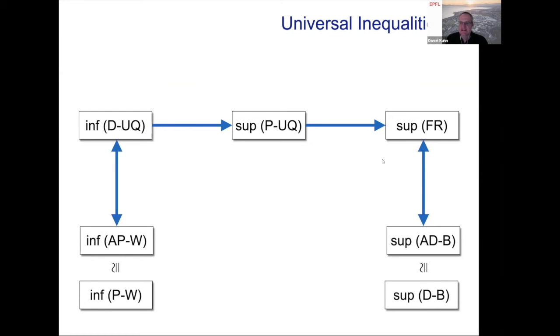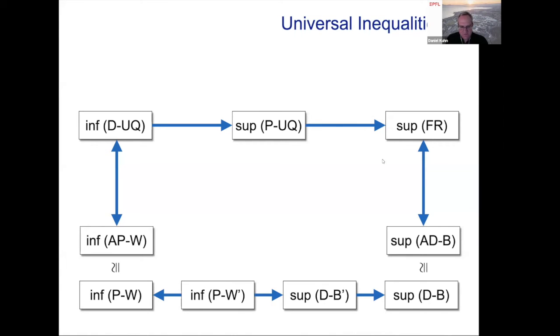It also shows that the finite reduction is equivalent to the ambiguous dual-best, which can be viewed as an instance of the dual-best problem. Now, from our discussion of robust optimization problems, we know that the primal-worst and the dual-best both have convex reformulations. And the order relations between their optimal values are visualized by the blue arrows at the bottom.